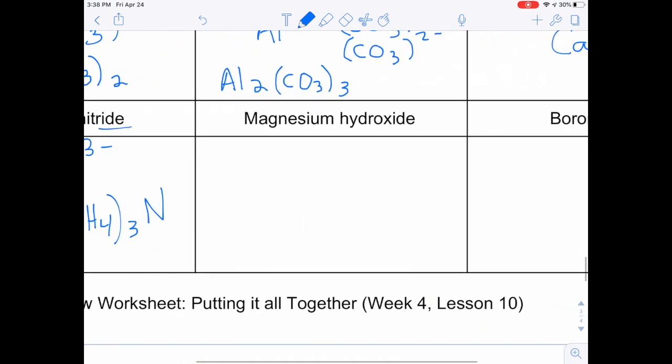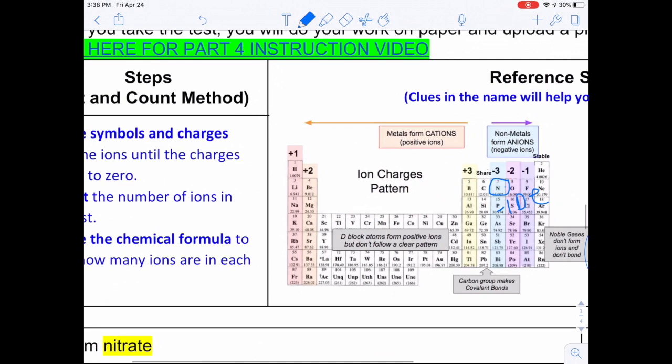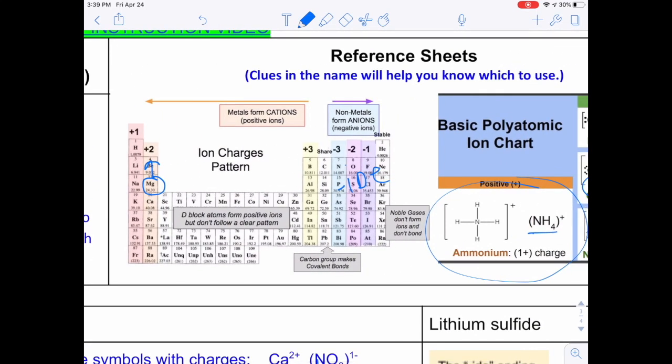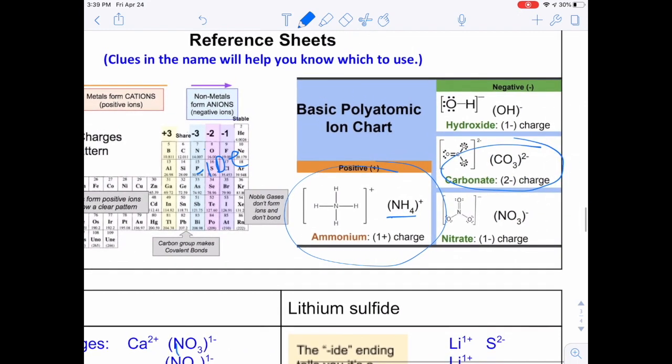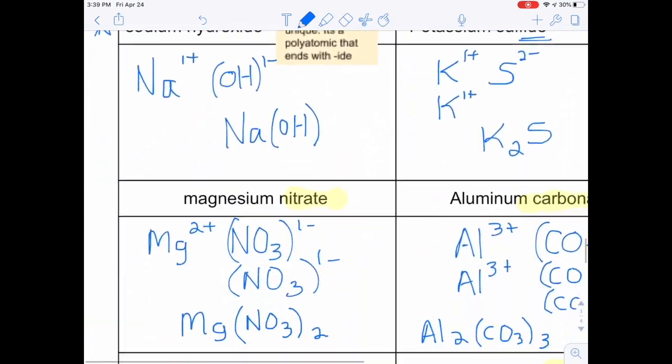Next one. Magnesium hydroxide. Here's an "ide" ending, but if you memorize hydroxide, that will help you to know that's one of our polyatomics. So here's Mg and then hydroxide. Mg is this one, +2. And hydroxide, yeah, all of these end with "ide", but remember that's the unusual one. It's over here, OH -1.